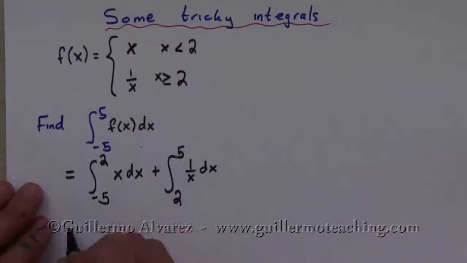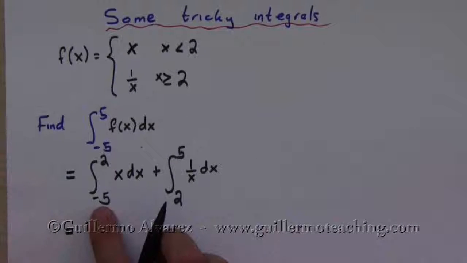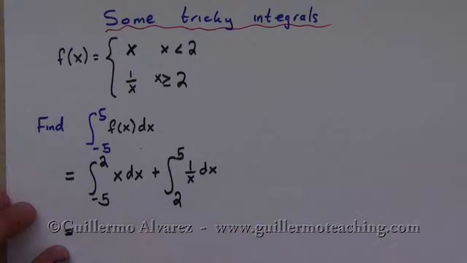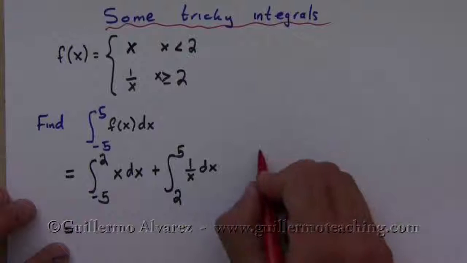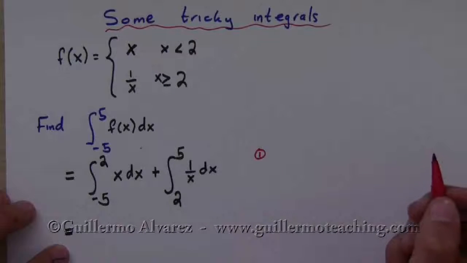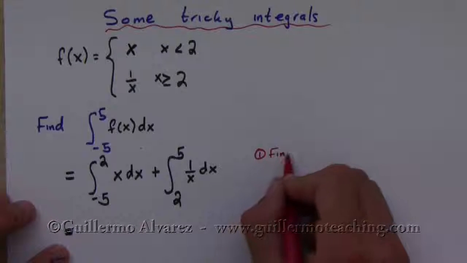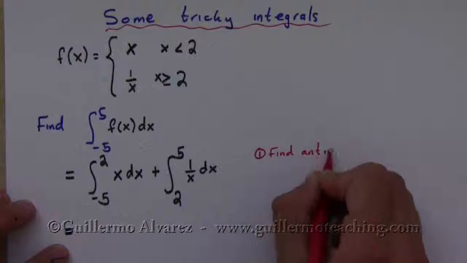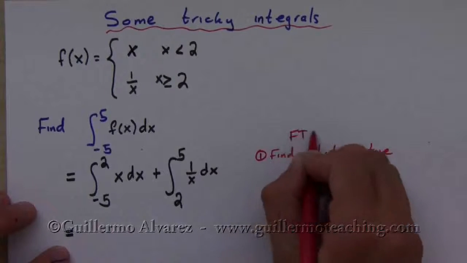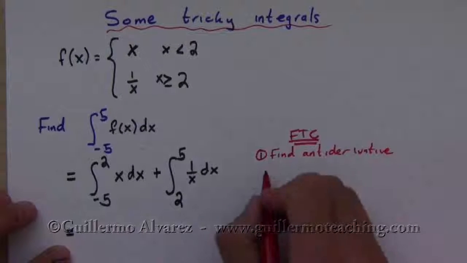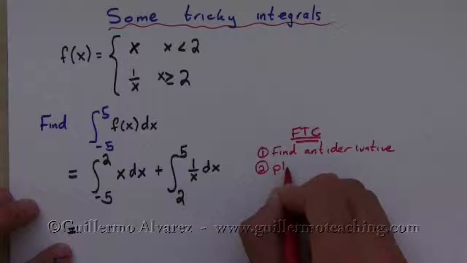Because now we just use the fundamental theorem of calculus that says, when we're finding the definite integral, step 1, find the antiderivative. So this is the fundamental theorem of calculus in English. Find the antiderivative, plug in.